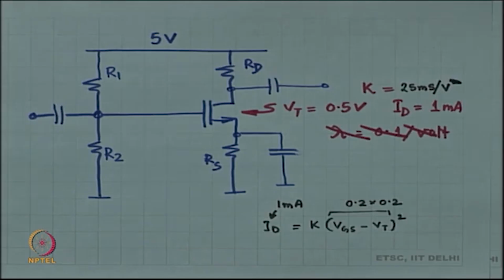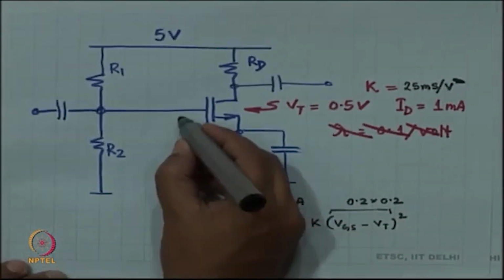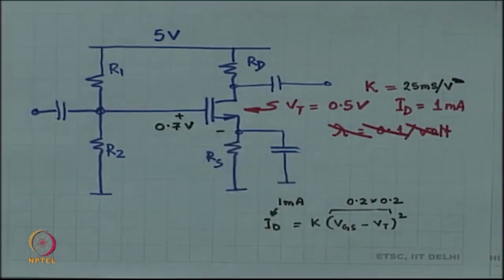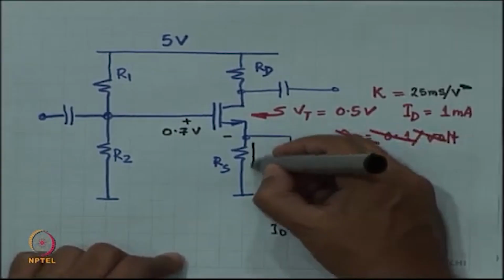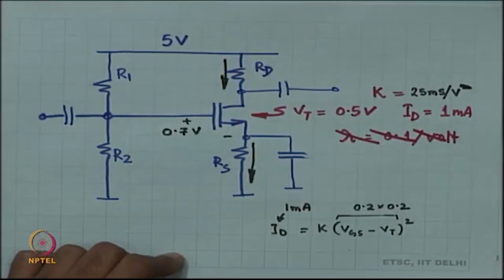Fine. So, suppose this is the MOSFET for you. Now, since we back calculated, I already know what VGS minus Vt is. VGS minus Vt is going to be 0.2 volts, which means that I need 0.7 volts over here. Okay. And I know ID is 1 milliampere. So, this 1 milliampere current is going this way as well as coming through this, right.